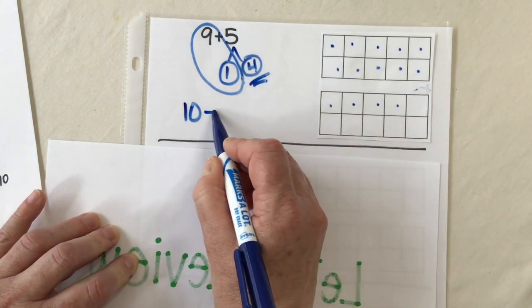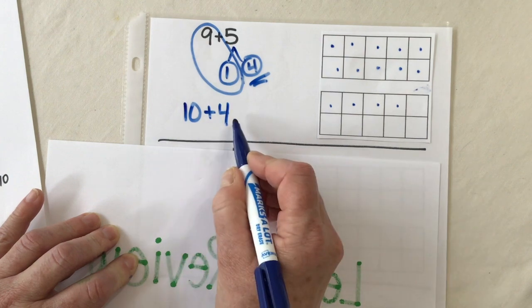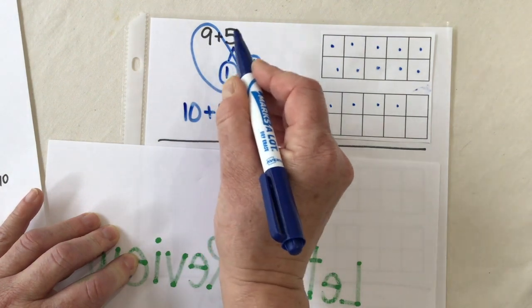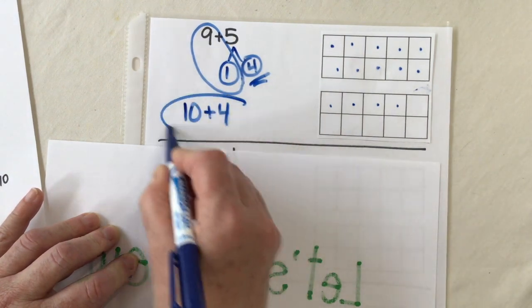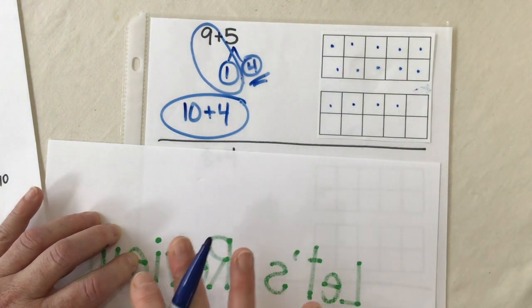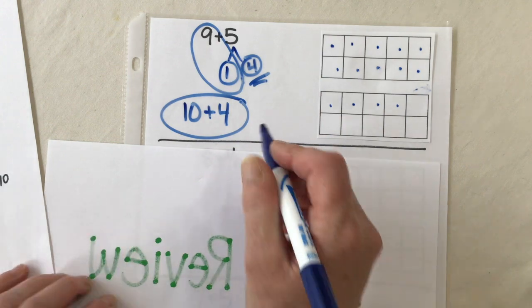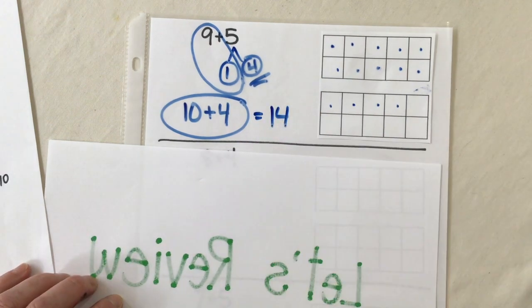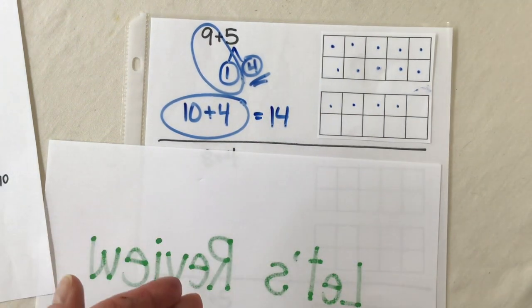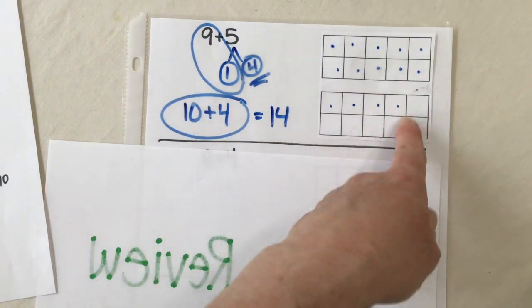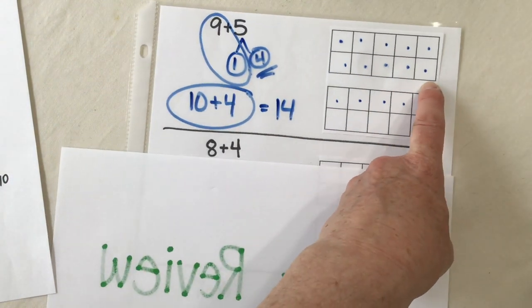And this is what I have left over, 10 plus 4. So 9 plus 5 is the same as 10 plus 4 when I use the make a 10 strategy. So my answer is 14. That's what I had when we counted up. That's what our 10 frame shows.